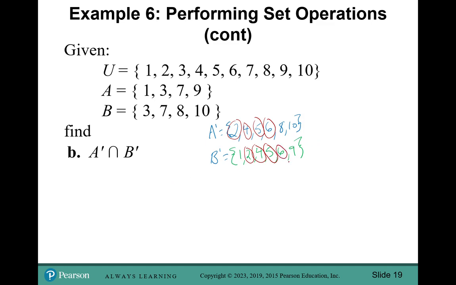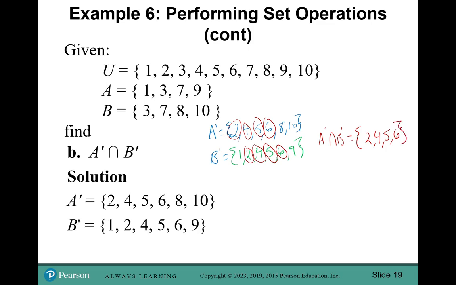So A complement intersect B complement should equal the set 2, 4, 5, and 6. And if you follow this work, you'll see that we are indeed correct on all fronts. The answer here, A complement intersect B complement, is indeed 2, 4, 5, 6.